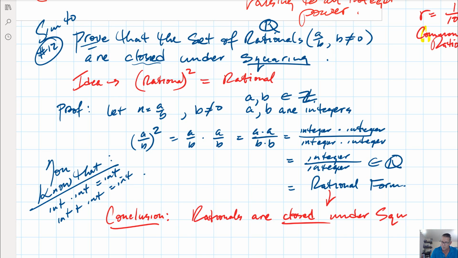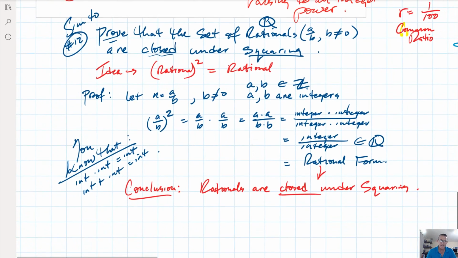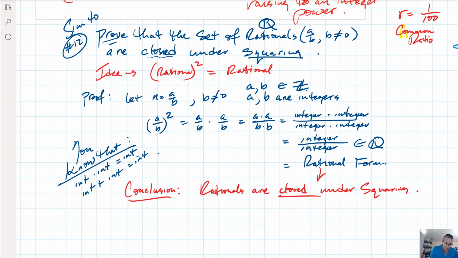Under squaring. And this is, again, I keep talking about study methods here. You take this proof, no matter how simple it is, and you write it out, and you practice this 5 to 10 times. So the key idea is practice. Practice this, write it out, because listening to me is one thing.